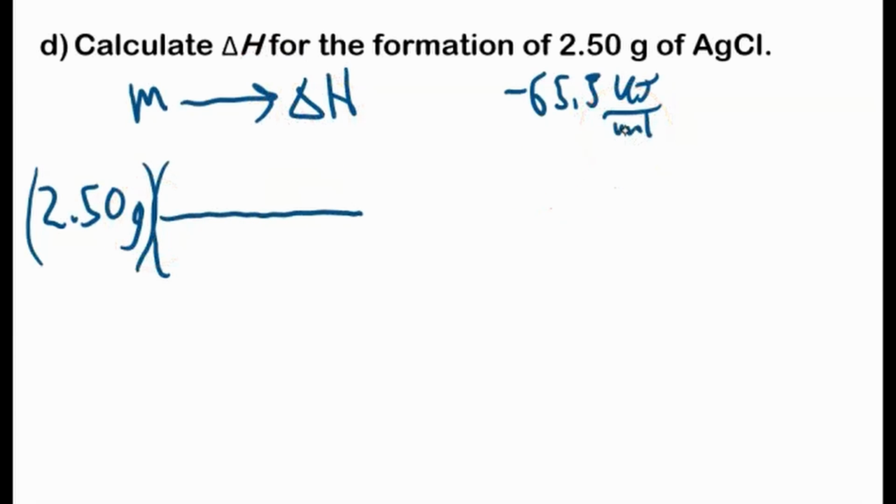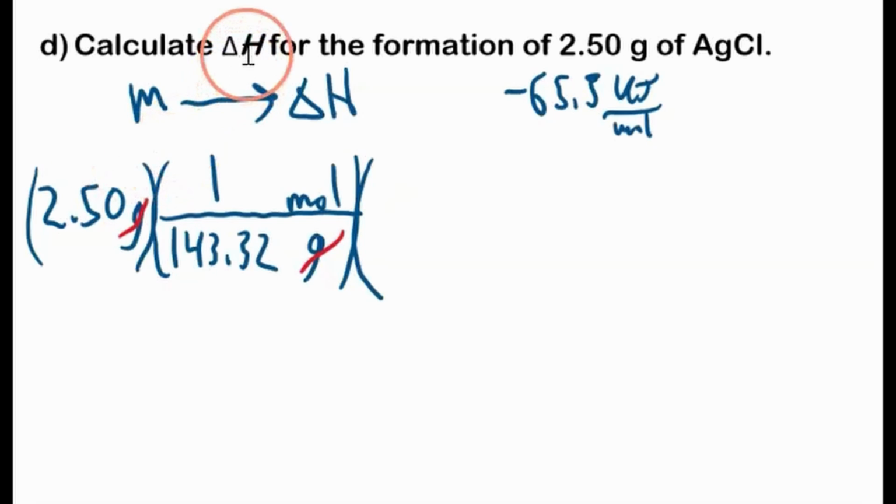So we'll go from grams to moles. For every 1 mole, the molar mass of AgCl is 143.32 grams. So our grams cancel out. Now we have moles of AgCl, and we don't want kilojoules per mole.